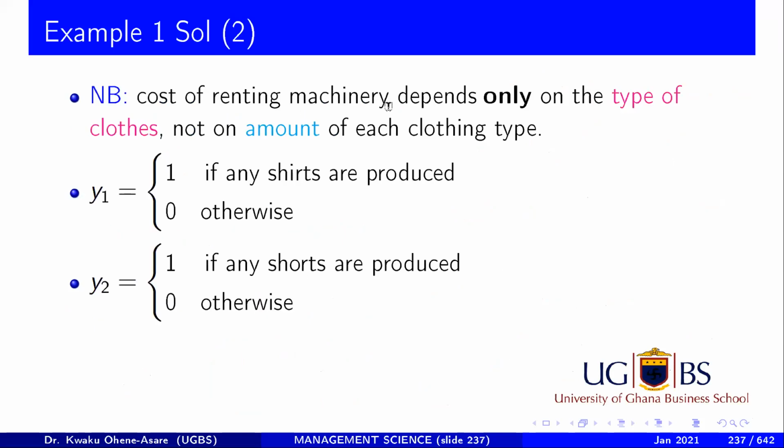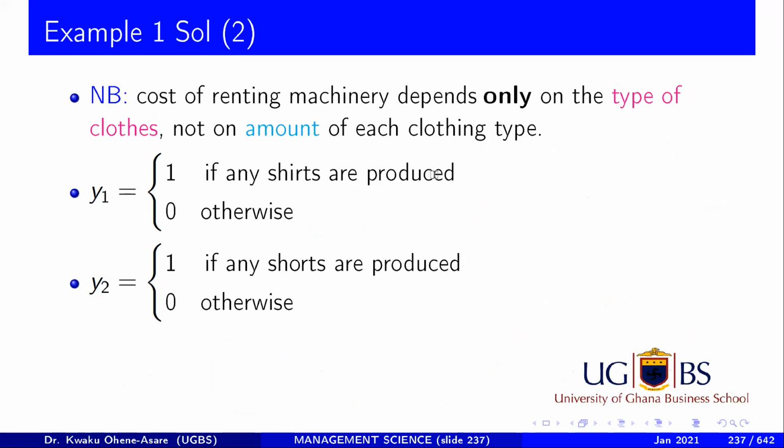The cost of renting depends only on the type of clothes, not on the amount. So I just mentioned that if any number of shirts are produced at all, I'm going to incur that. You can buy that Y1, and the number of shirts you produce may be just one. It doesn't matter, you have incurred it already.